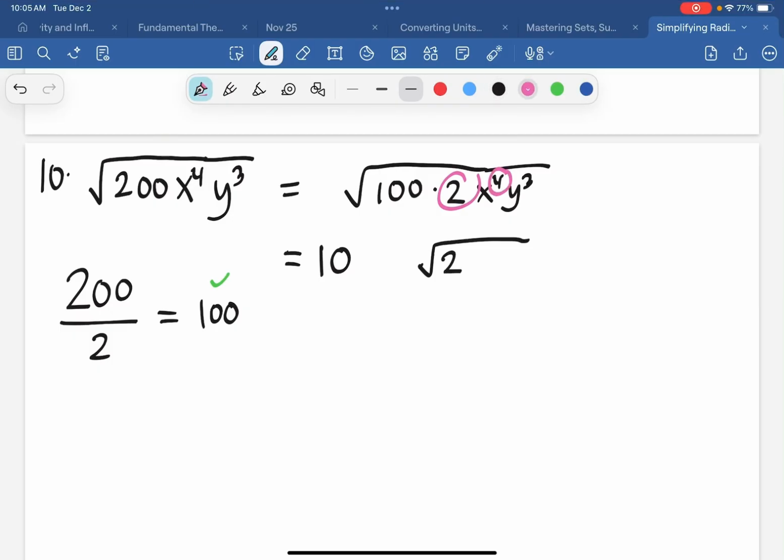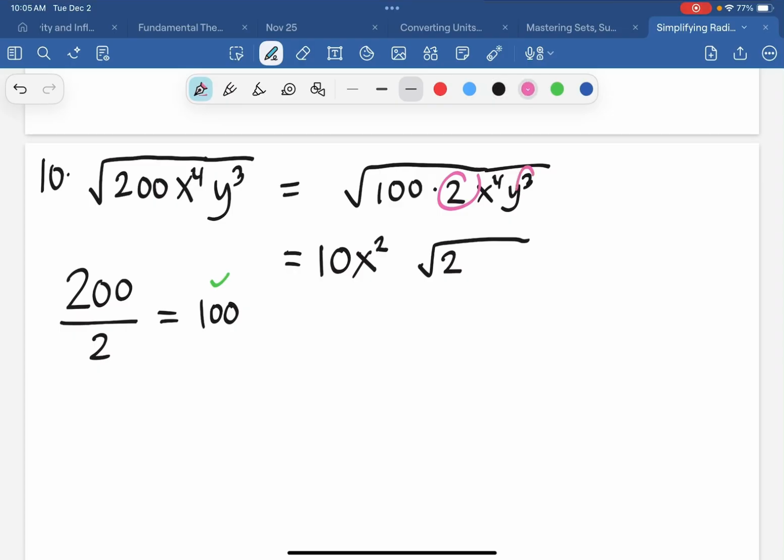Then 4 divided by 2 is 2, which is a whole number, which means we could extract all x outside. The quotient of 4 divided by 2 is 2, so x squared.